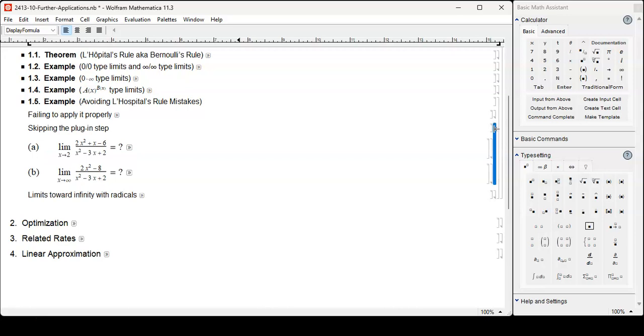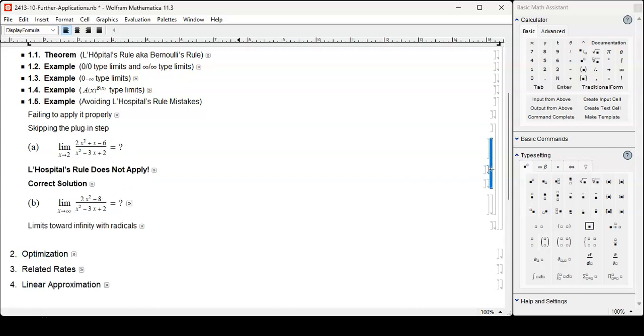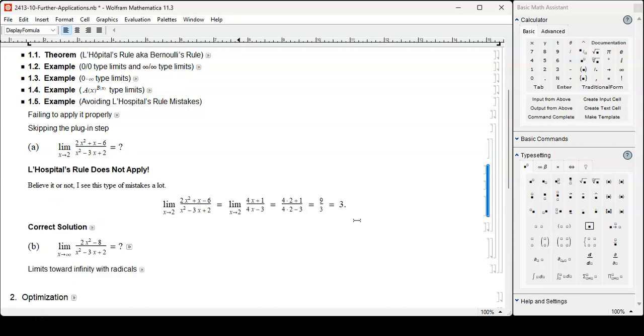Now this one here, getting warmer, this is going to be a bit more important. Skipping the plug-in step. If you have 0 over 0 type or infinity over infinity type, okay, you can go ahead with L'Hopital's rule. If it is not, then L'Hopital's rule does not work. Like this, L'Hopital's rule does not apply.